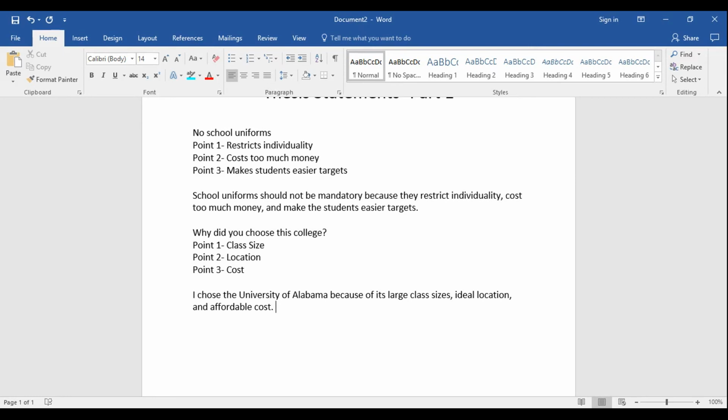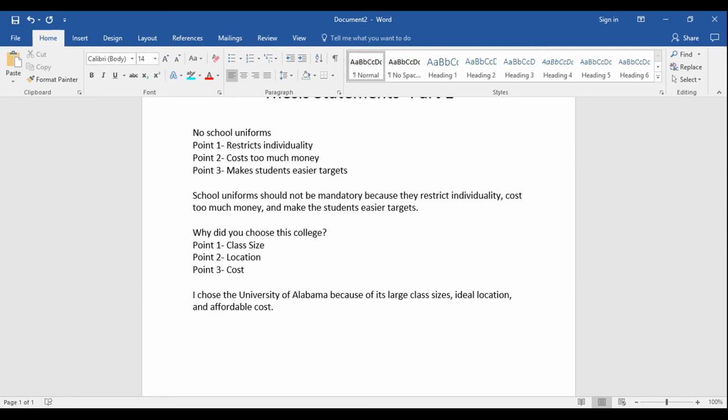So here, another thing you notice is with the points, yes, you can see each of the points in the thesis statement, but I also added adjectives to make the thesis statement stronger. So even if you do have a basic 3-point thesis statement, it doesn't just have to be point 1, point 2, point 3. Add a little flair to it by adding those adjectives.